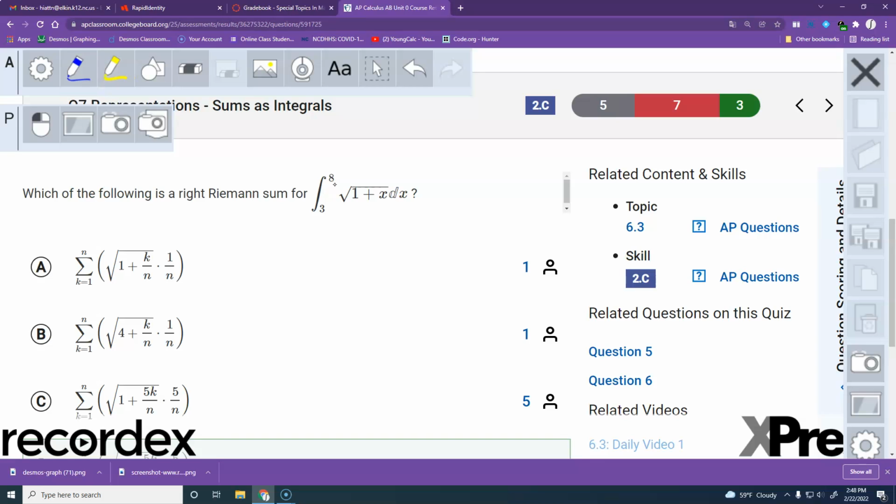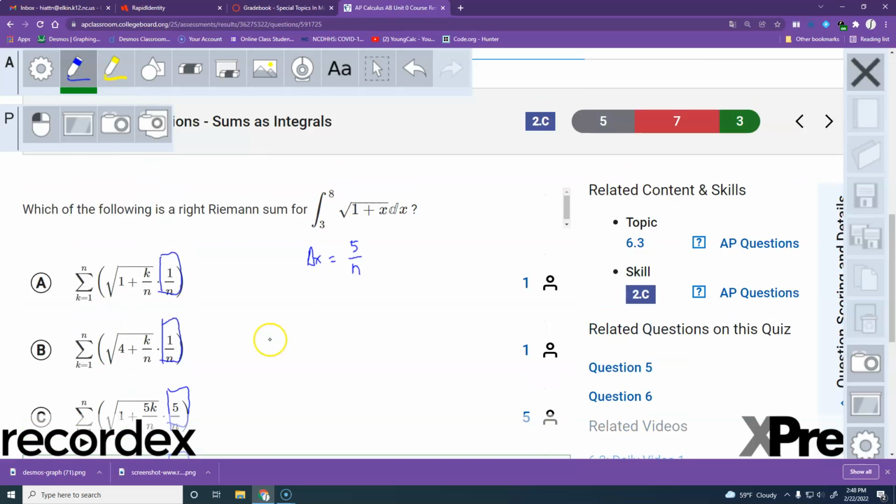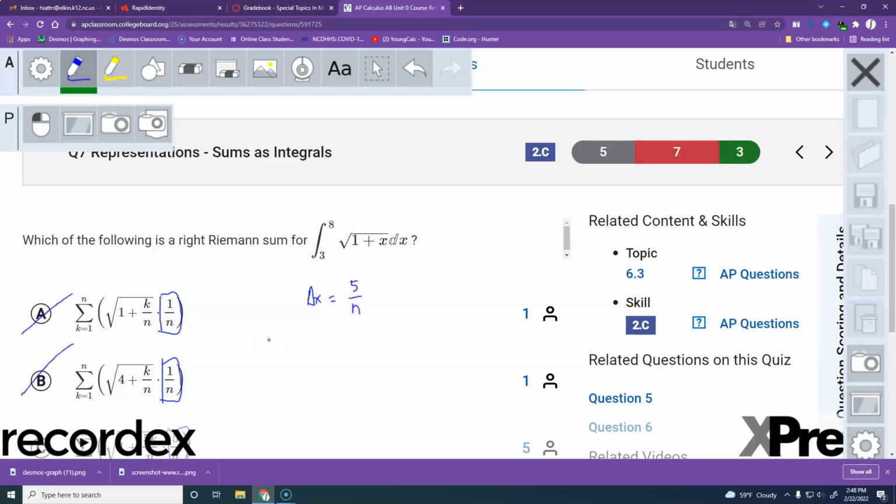So that means that our delta x, or the width of each rectangle, should be 5 over n. You can see on your answer choices that this one has 1 over n, this one has 1 over n, this one has 5 over n, and the answer down here at the bottom has 5 over n. So you could eliminate A and B based on that.